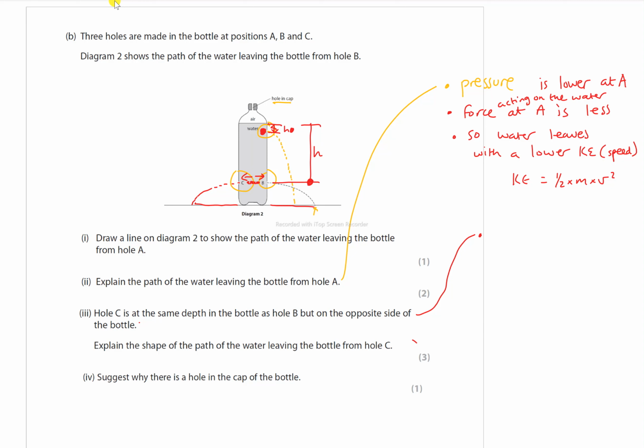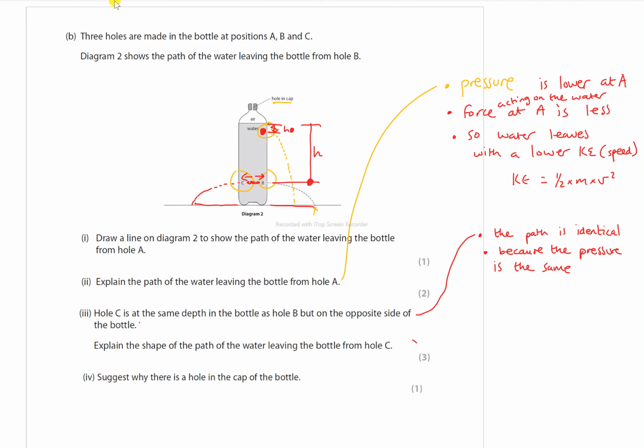Right. The path is identical. They've used the word identical. Right. Why? Because the pressure is the same. This is a really good question to wrap your head around, actually.